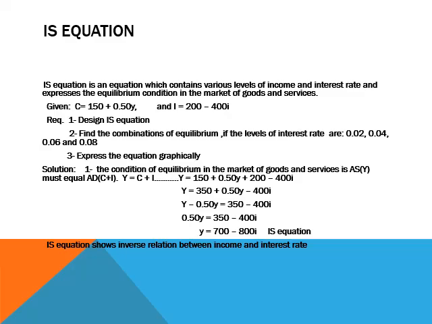So this equation proved that the relation is opposite between income and interest rate. Actually, if we return back to the givens, we saw that the relation between investment and interest rate also is negative. High interest rate, low investment.